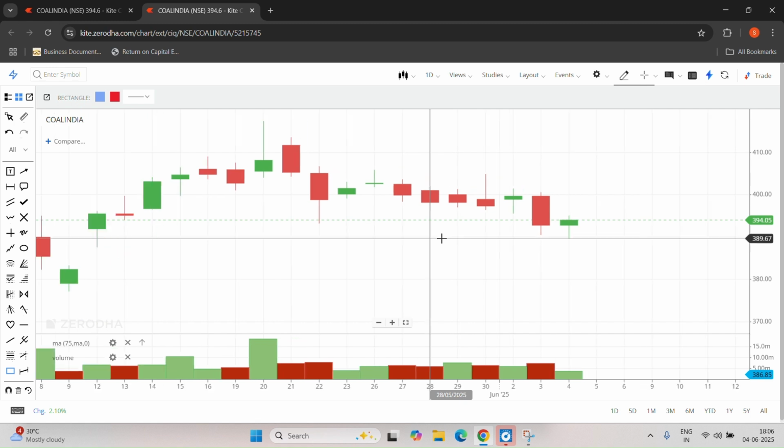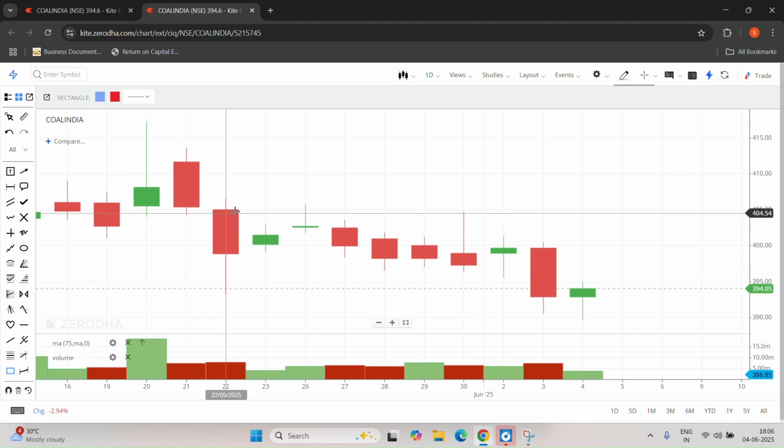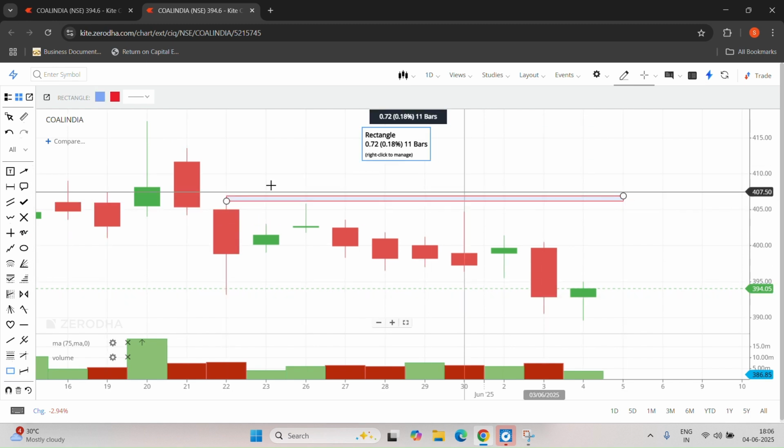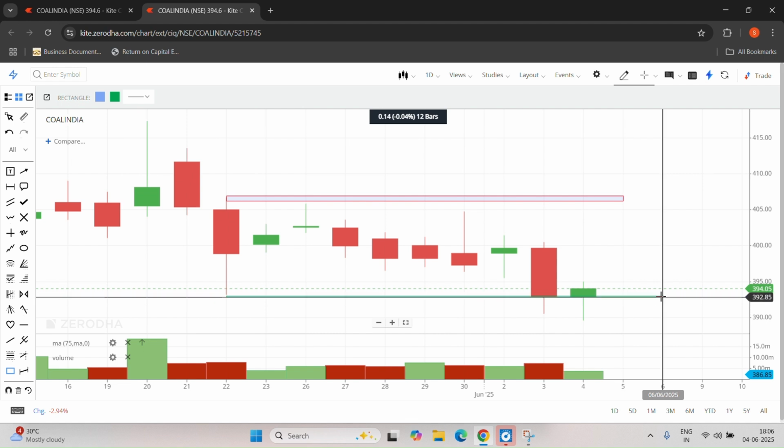Here, if you see, the volume of this particular candle is more than the previous one. This candle's high will become our resistance, and this candle's low will become our support.